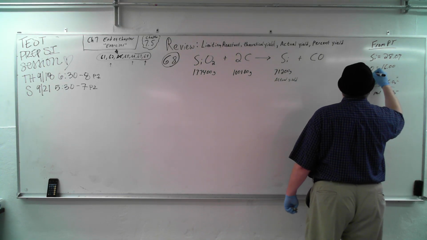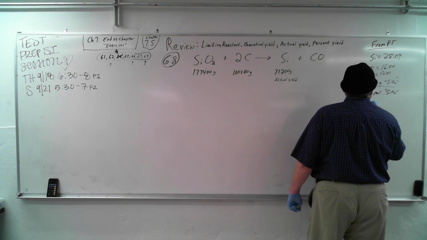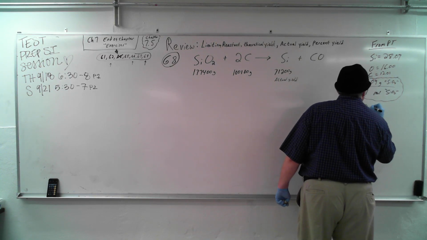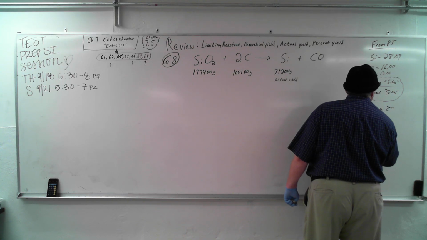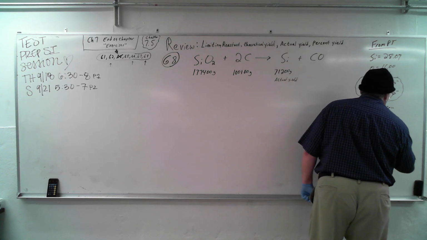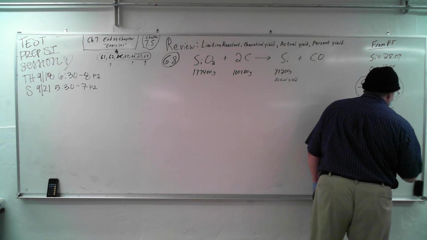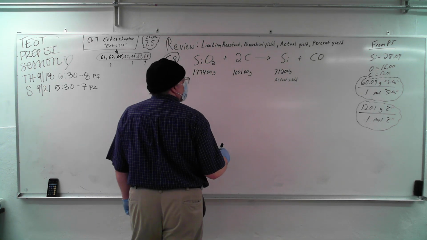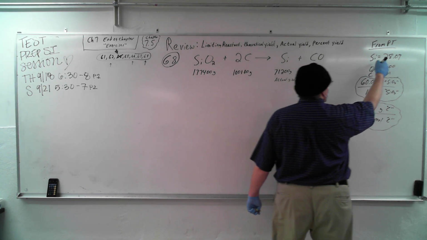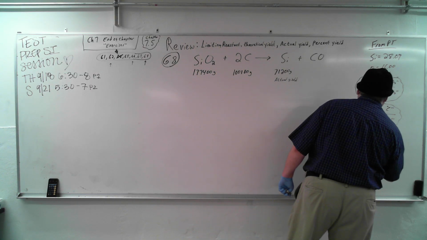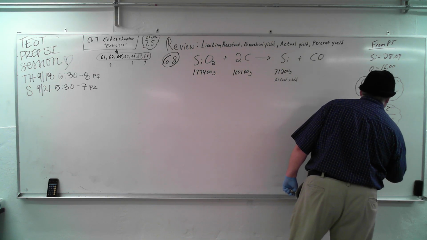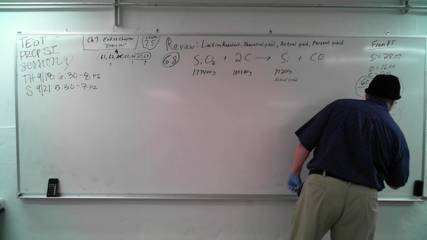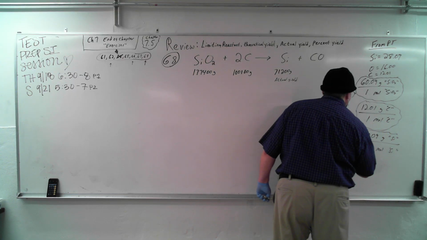Carbon straight off the periodic table, 12.01. 12.01 grams of carbon is 1 mole of carbon. Ultimately, we're going to need Si as well, but our product is just this. We're going to need that eventually as well.